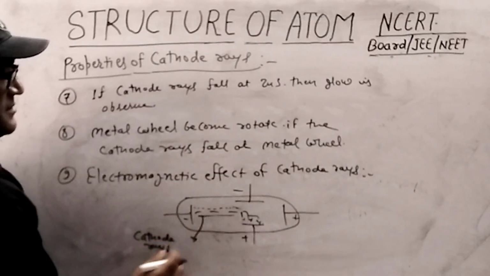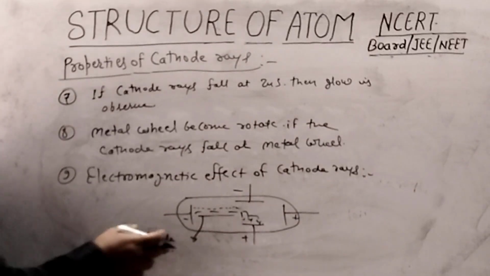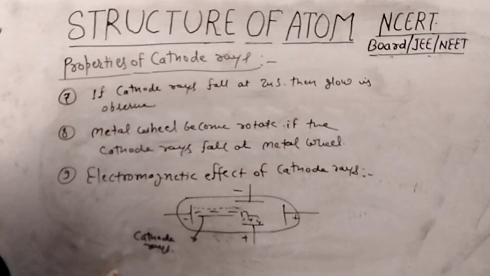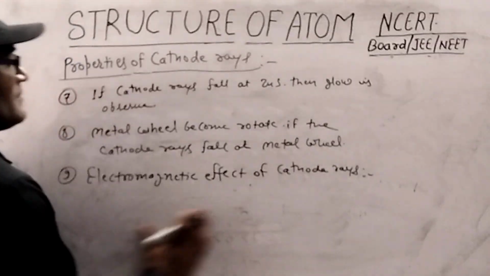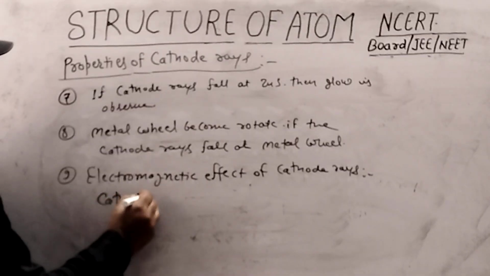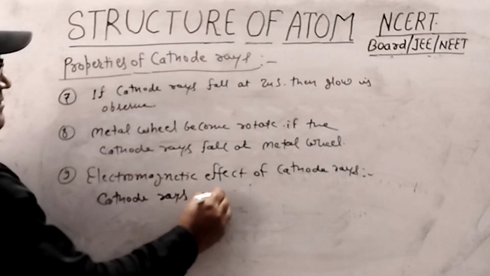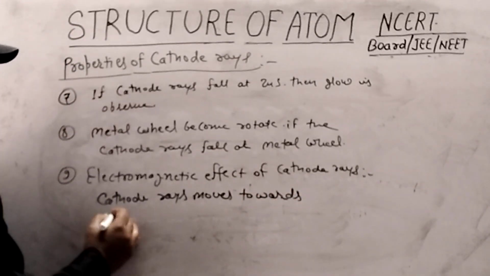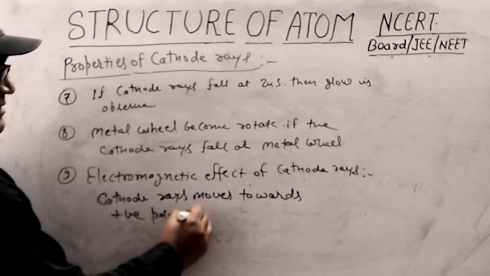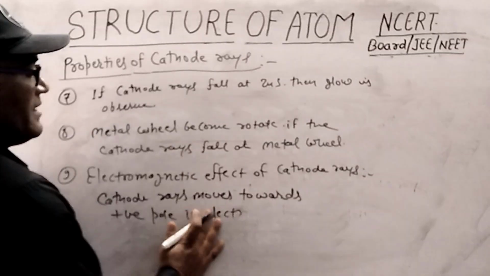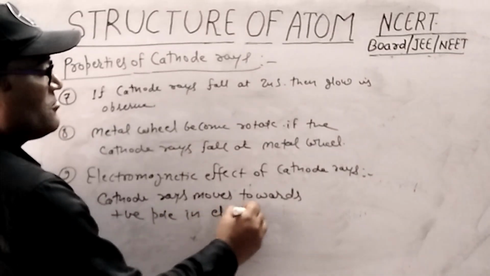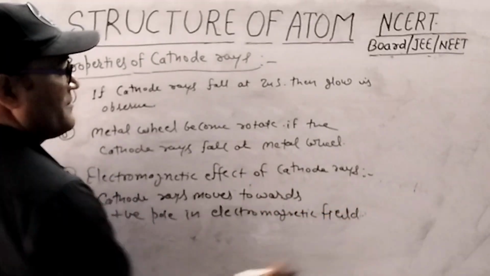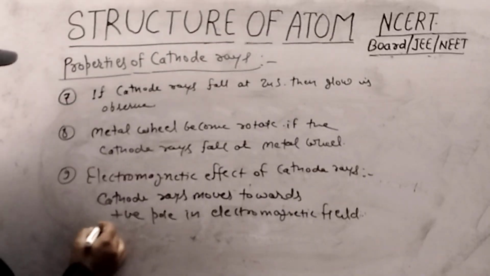So on the basis of this experiment, we can write here that cathode rays are formed by negatively charged particles. Cathode rays move towards the positive pole in electric and magnetic field.